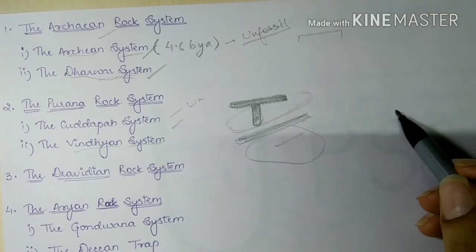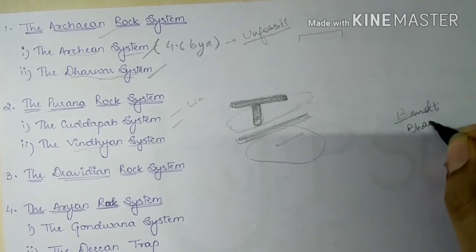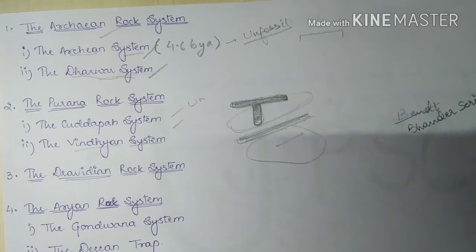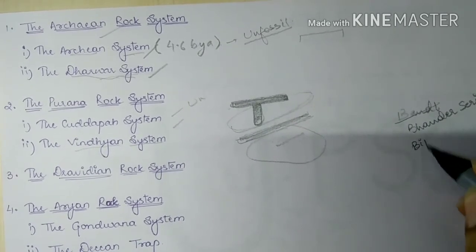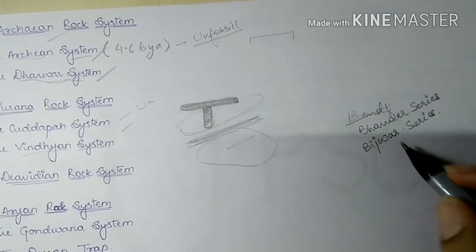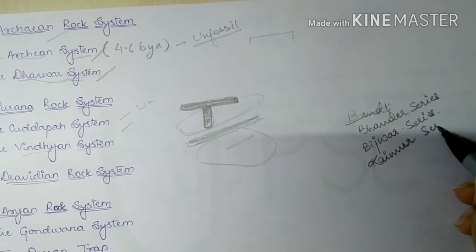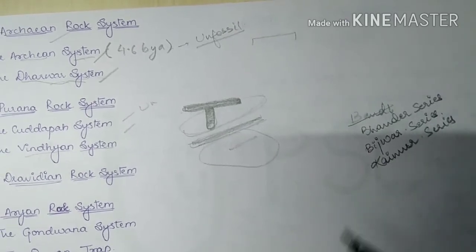The first one is the Bhander series, then we have the Bijawar series, and lastly the Kaimur series. So the Bhander series lies in the western part of the Indian formation, the Bijawar series stretches between Chhatarpur and Panna, and the Kaimur series sprawls over Bundelkhand to Baghelkhand. Bundelkhand is in UP and Baghelkhand is in MP.